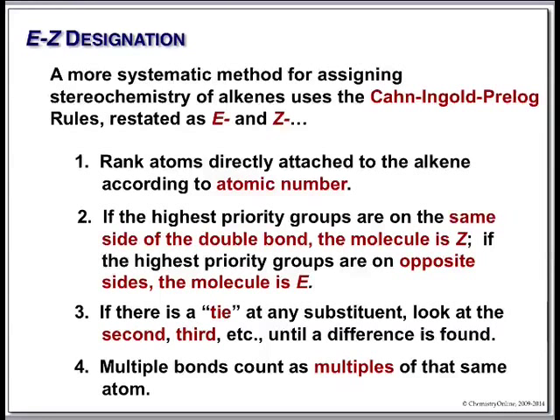If they're on the same side, we'll say this is Z. If they're on opposite sides, we will say it's E. Z stands for zusammen. Zusammen is German for same side. E stands for entgegen, which is opposite.